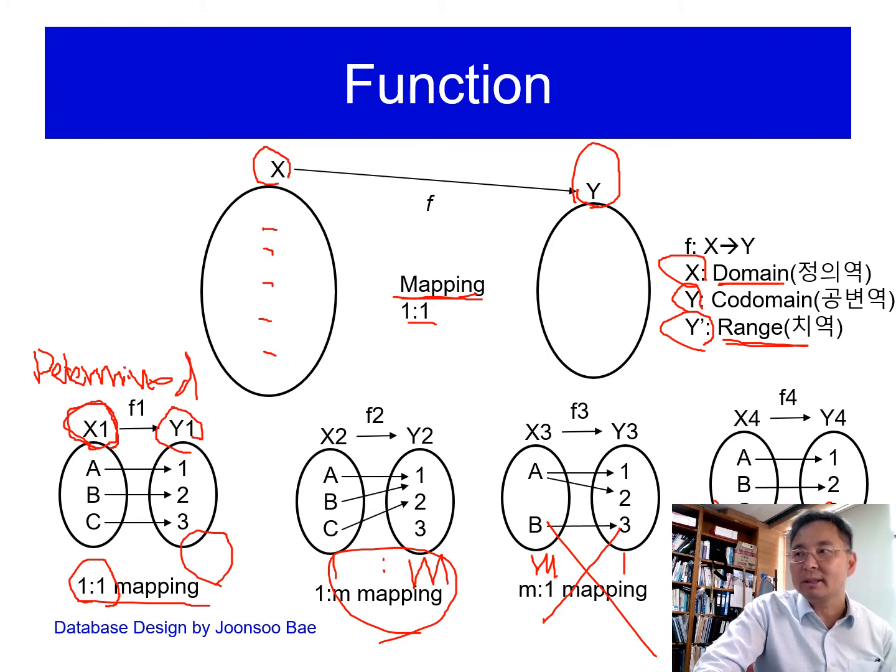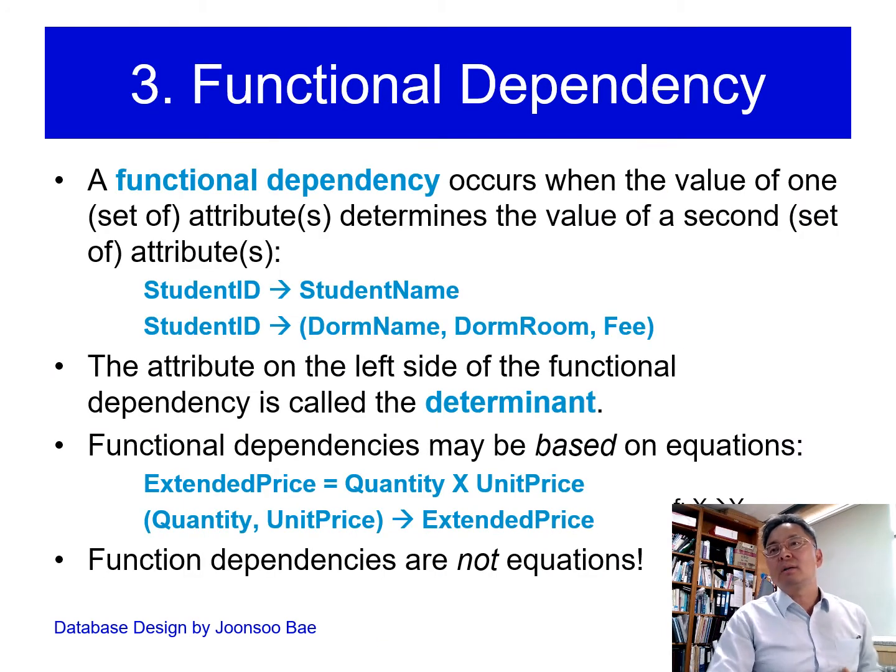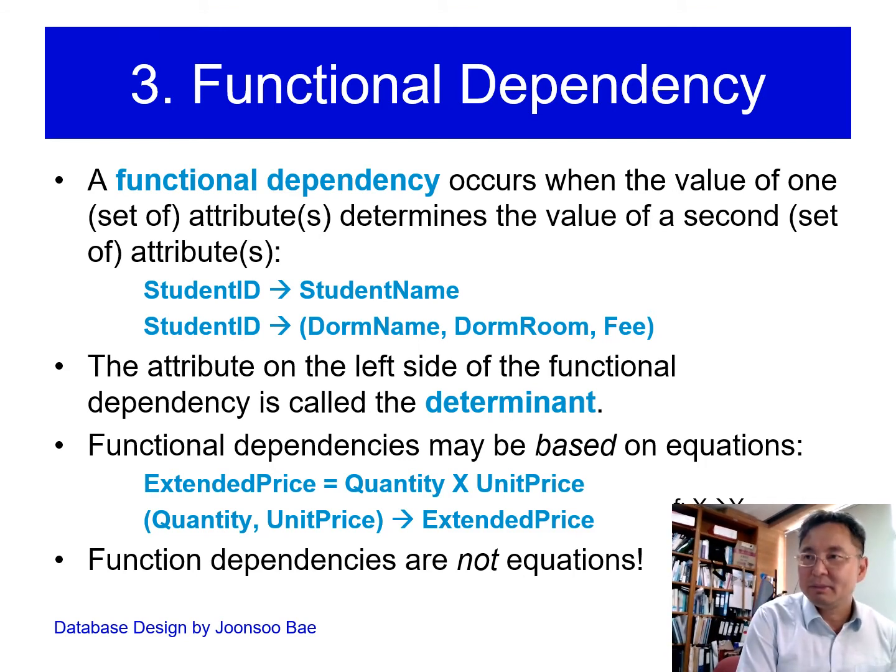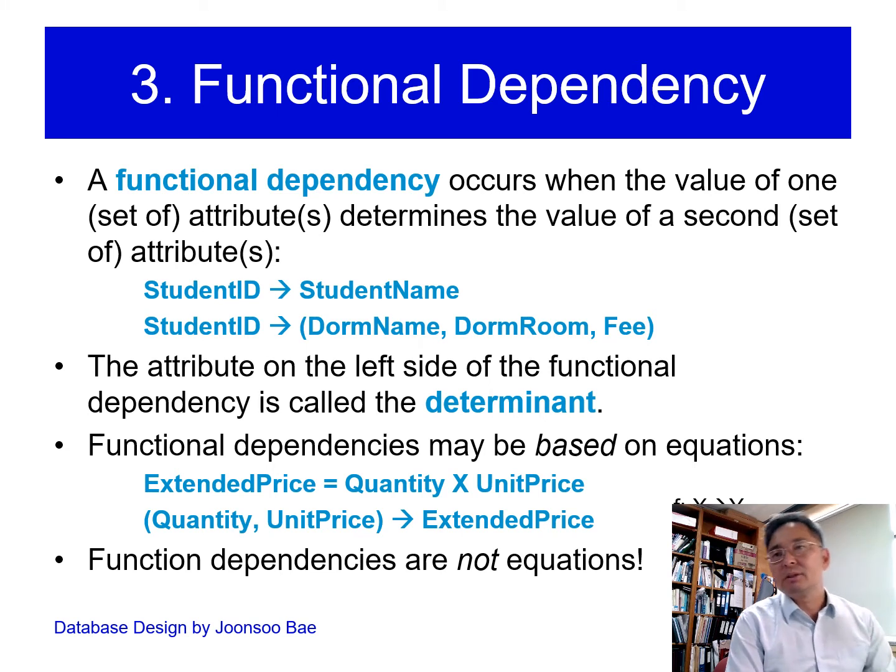So let's go on to the next. Now we can define functional dependency between attributes or columns. Functional dependency occurs when the value of one attribute determines the value of a second attribute.